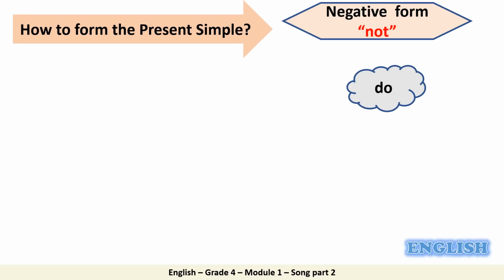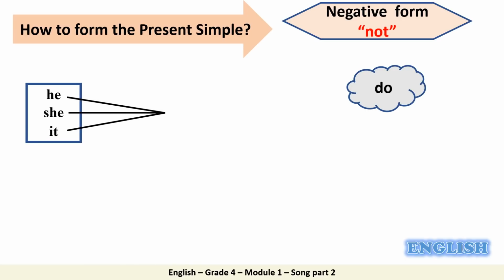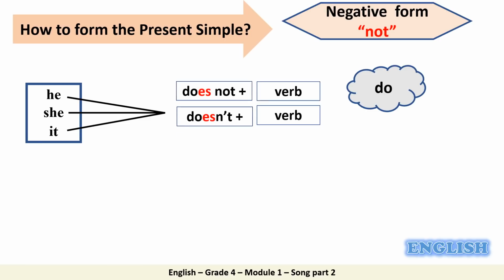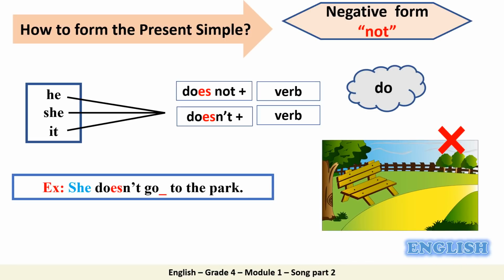As for the pronouns he, she, and it, we add es to the verb do, so it will be does not plus the verb. For example, she doesn't go to the park. Remember, don't add es to the verb go because we already added it to the verb do.